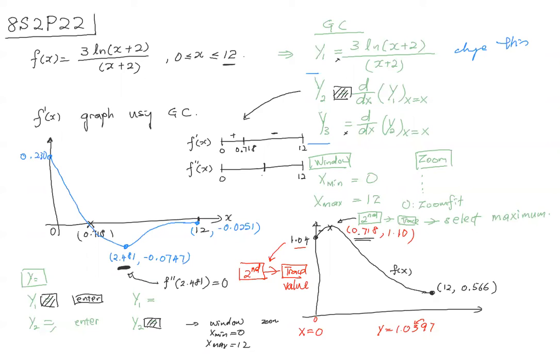So I put here 2.481. And if you look, the f prime x graph is going down, which means f double prime x is negative. Then after that, it goes up, so it's positive. That's it.